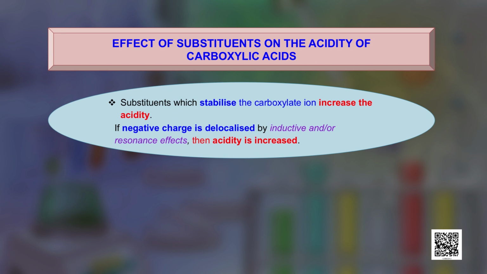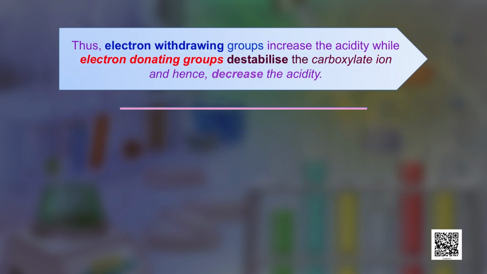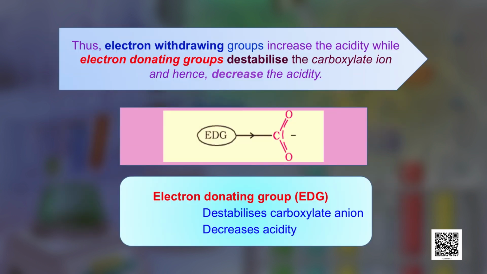So, electron withdrawing groups stabilize the carboxylate anion and therefore increase the acidity of the carboxylic acid. But what happens if electron donating groups are present? They destabilize the carboxylate ion and therefore decrease the acidity of the carboxylic acid.